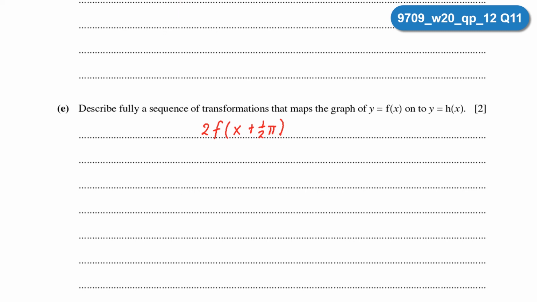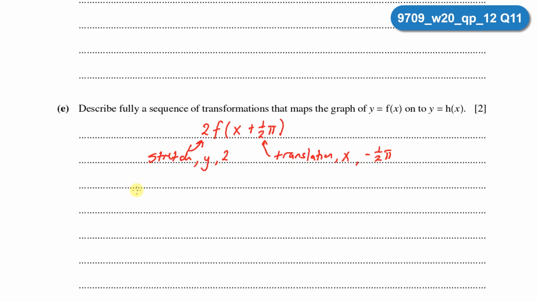The two transformations happening here. The 2 on f means we are talking about a stretch parallel to the y-axis with factor 2, and the half pi here means we are talking about a translation parallel to the x-axis by minus half pi units.